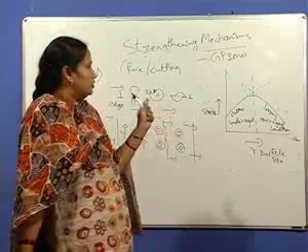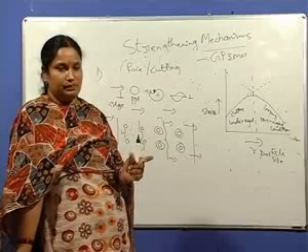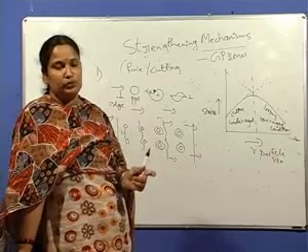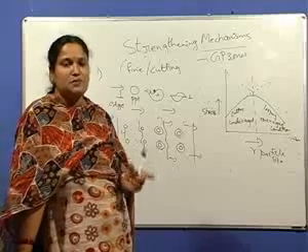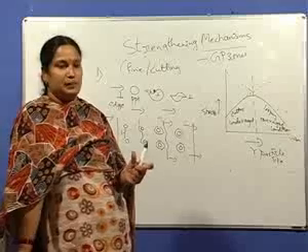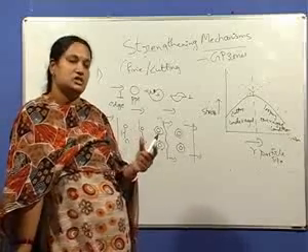So this is about precipitation strengthening and dispersion strengthening, where the strength is mainly due to the presence of second phase particles, which are obstacles to the dislocation motion. The second phase particles are precipitates for precipitation strengthening, and dispersoids for dispersion strengthening.